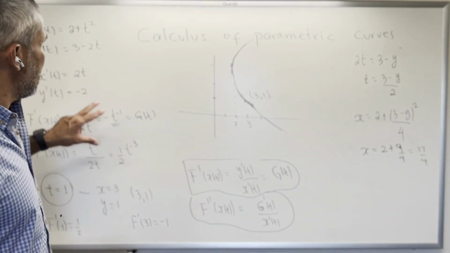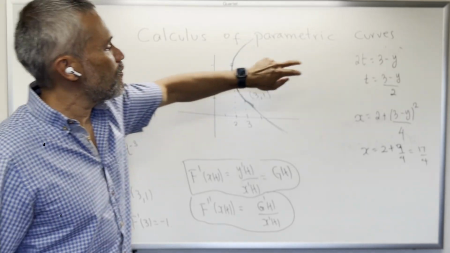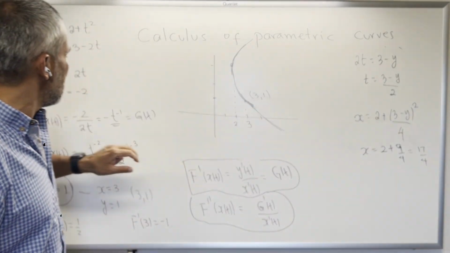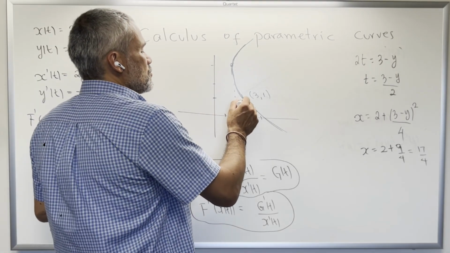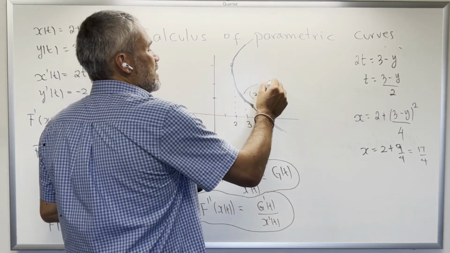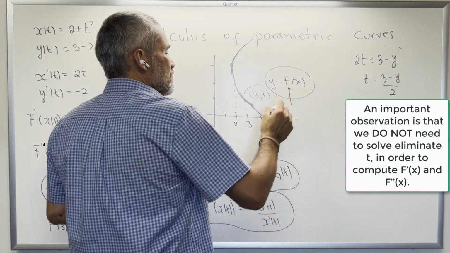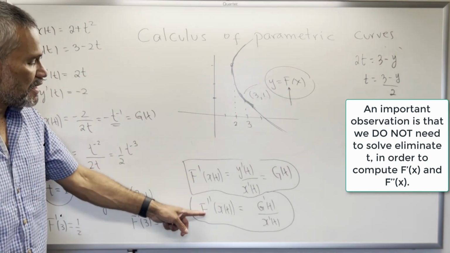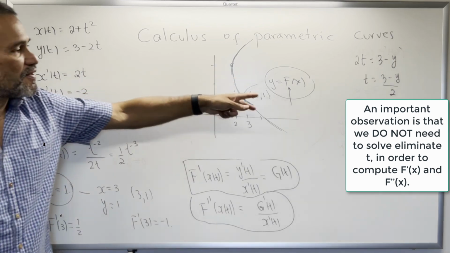The point is that we don't need to solve for t, or eliminate the t, in order to find the first derivative and the second derivative of the function that makes y equal to f of x. We don't need to know this function to compute the first and second derivative. If we have the parametric equations, that's enough to find the first and second derivative.